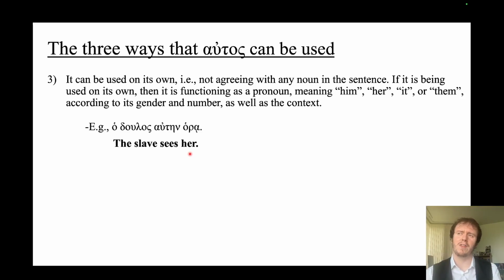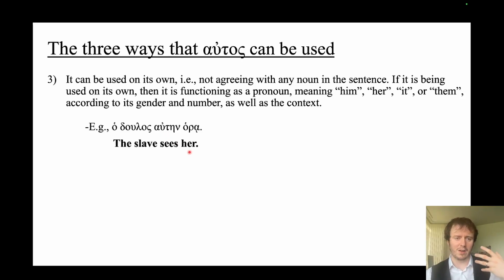But just bear in mind that if you had some animal mentioned just before this, which in Greek is a feminine noun, then we might want to say it instead. If the context would imply we would say it in English, although it's feminine in Greek, okay? However, like I said, most of the time it will be able to be rendered as her.